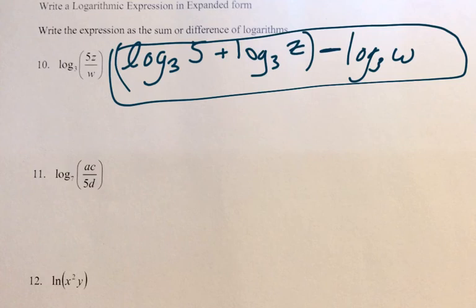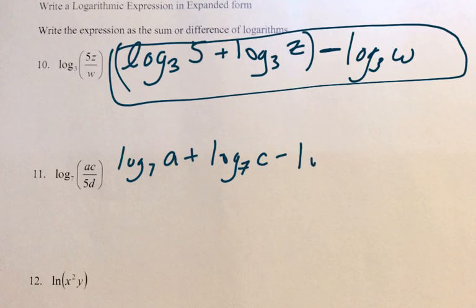Number 11, we have log base 7 of AC over 5D. Again, we have a product and a quotient. We actually have 2 products. There's a product in the numerator and a product in the denominator. And then there's the quotient between those things. So for the numerator, we're going to end up getting log base 7 of A plus log base 7 of C. And then for the quotient, we're going to have log base 7 of 5 plus log base 7 of D. Okay, now in this case, again, you don't necessarily need to put parentheses around it.